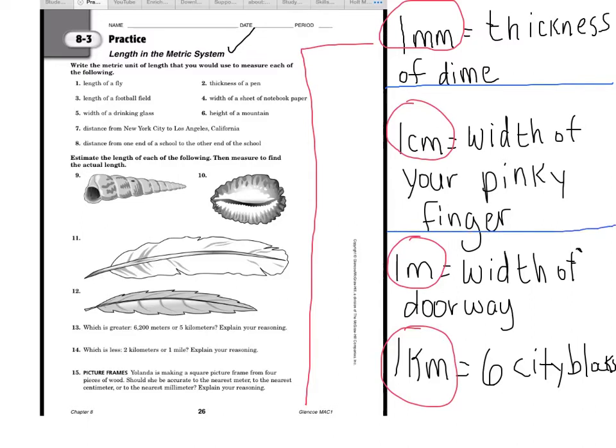It takes 10 millimeters to make 1 centimeter. So if you took your pinky finger and sliced it into 10 wiggly little slices, each one would be a millimeter. The width of your pinky is about a centimeter. Mine's a little bit bigger, but it's a good benchmark.